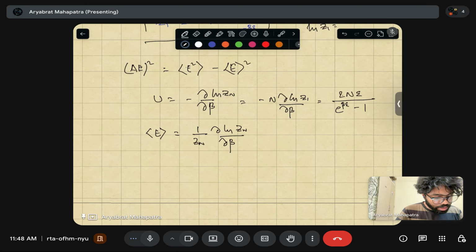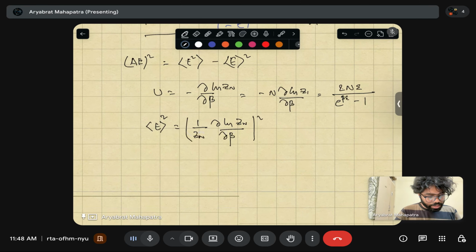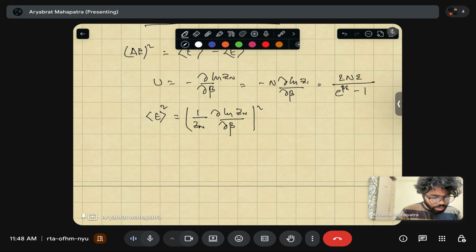So we have to take the mean square, mean energy square. And then we also need to calculate what is E square average. So for E square average, this will again go like this. The derivative will be a second order derivative.